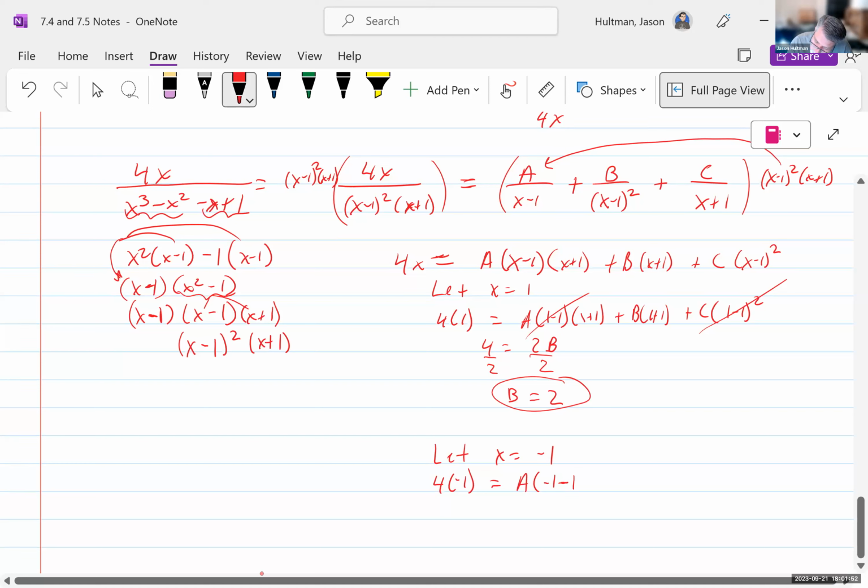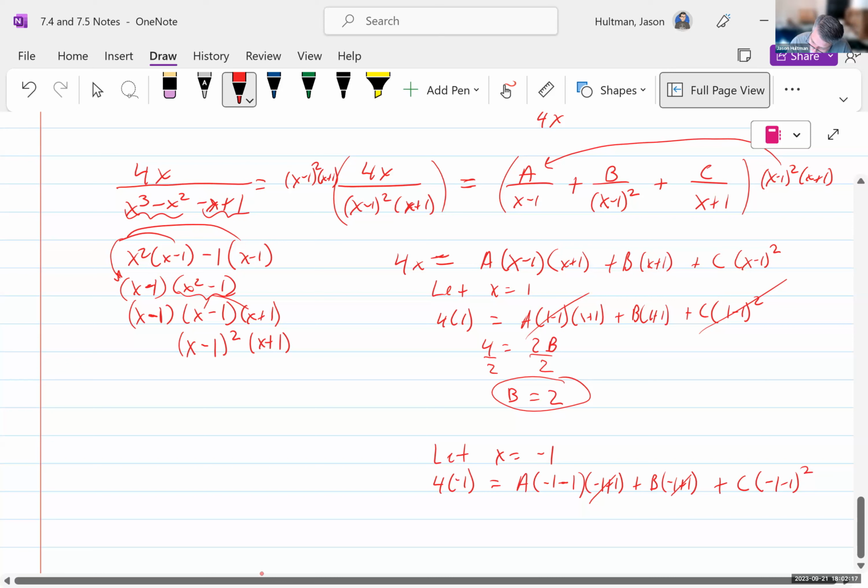No, it's negative 1 minus 1. That's correct. Okay, and then negative 1 plus 1, that's going to go to 0. Plus b times negative 1 plus 1, that's going to go to 0. And so c is just going to be negative 1 minus 1. And that is squared. Okay, interesting.